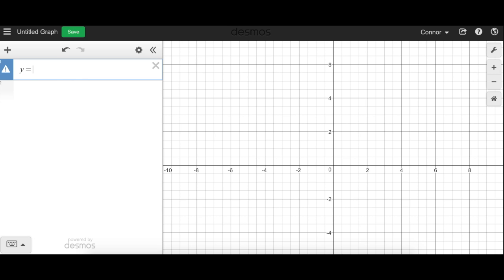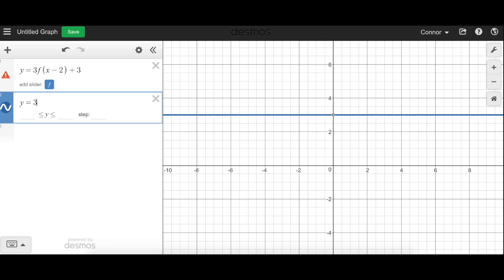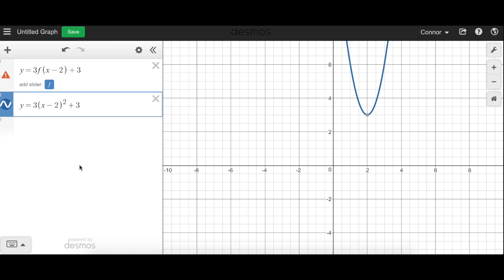Now if I were to write y equals 3f of (x minus 2) plus 3, it is not any of the functions we talked about, although it does look very similar to y equals 3(x minus 2) plus 3, squared.